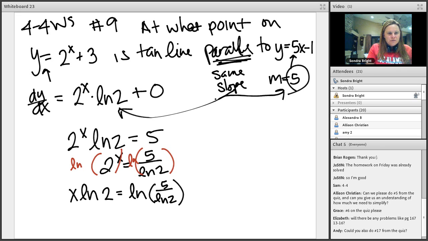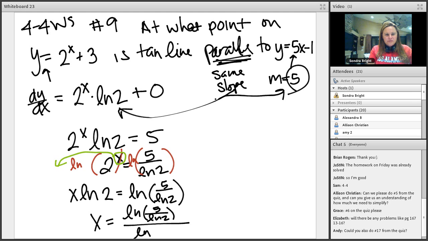and I used the fact that now that I did that, this x can come around front and multiply instead. So now I've got x times the natural log of 2 equals the natural log of 5 over natural log of 2. And so to solve for x, you're going to have that messiness of the natural log of 5 over the natural log of 2 all over natural log of 2. And I got that it was about 2.851.